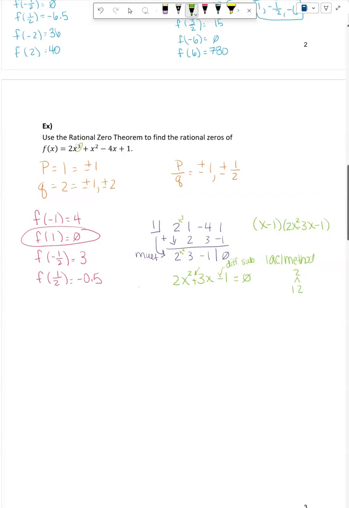And this sign says that the larger gets the plus. So this would be 2x squared plus 2x minus 1, x minus 1. These combined do not make 3, right? That makes 1x. So we're going to have to use the quadratic formula. Okay, so a equals 2, b equals 3, and c equals -1.